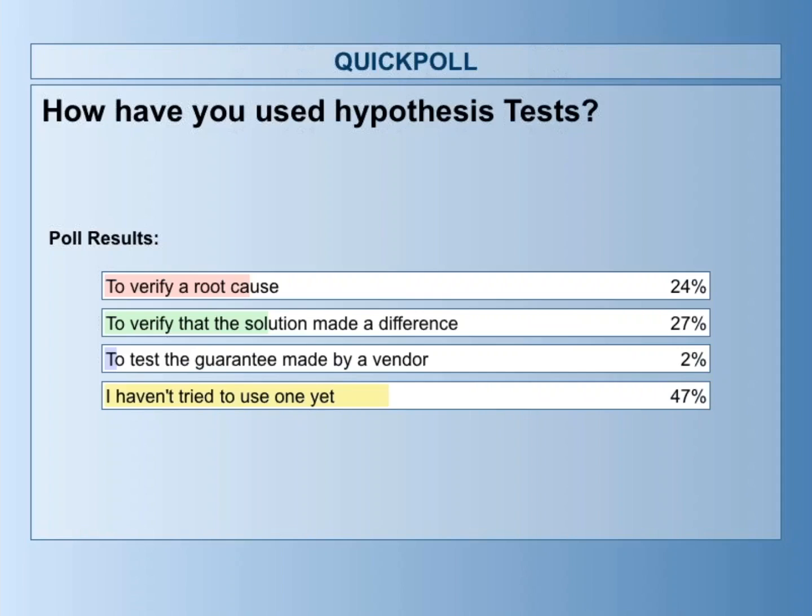Fascinating. I was wondering if anyone did that, because that's really the least common, but it's kind of a split between checking if your solution made the difference and verifying root cause. That's great. And glad to have those of you that have never tried it before. Hopefully this encourages you to give it a shot. All right. Thank you, Tracy.